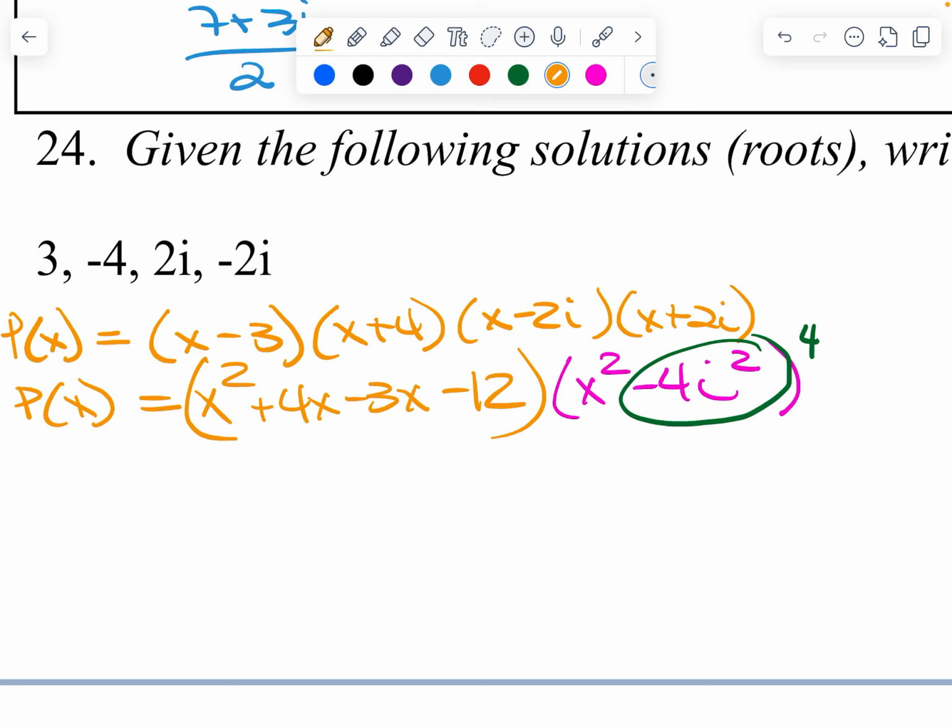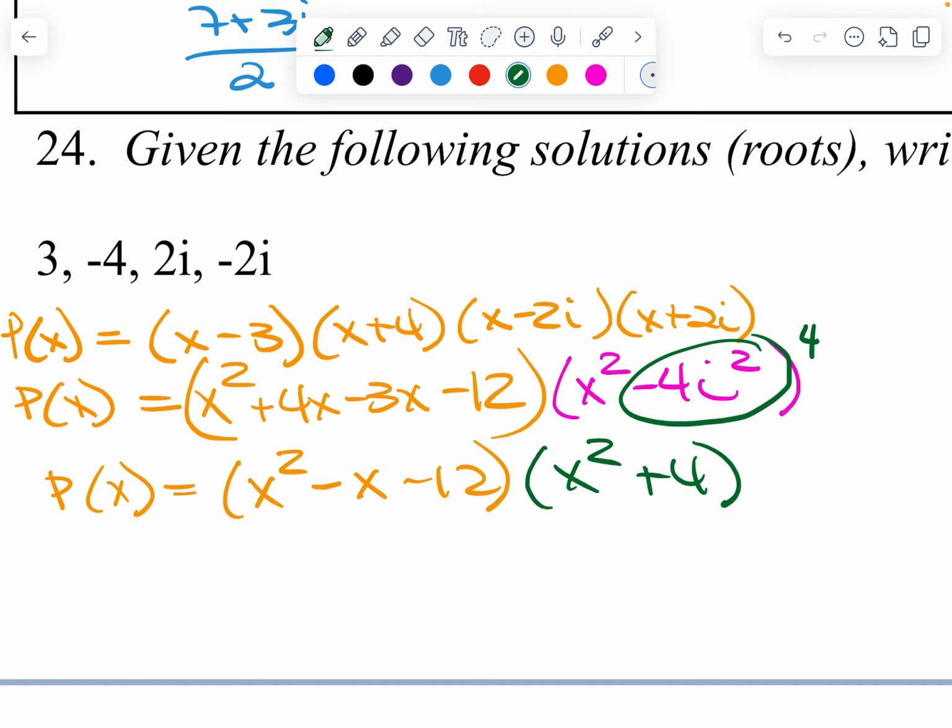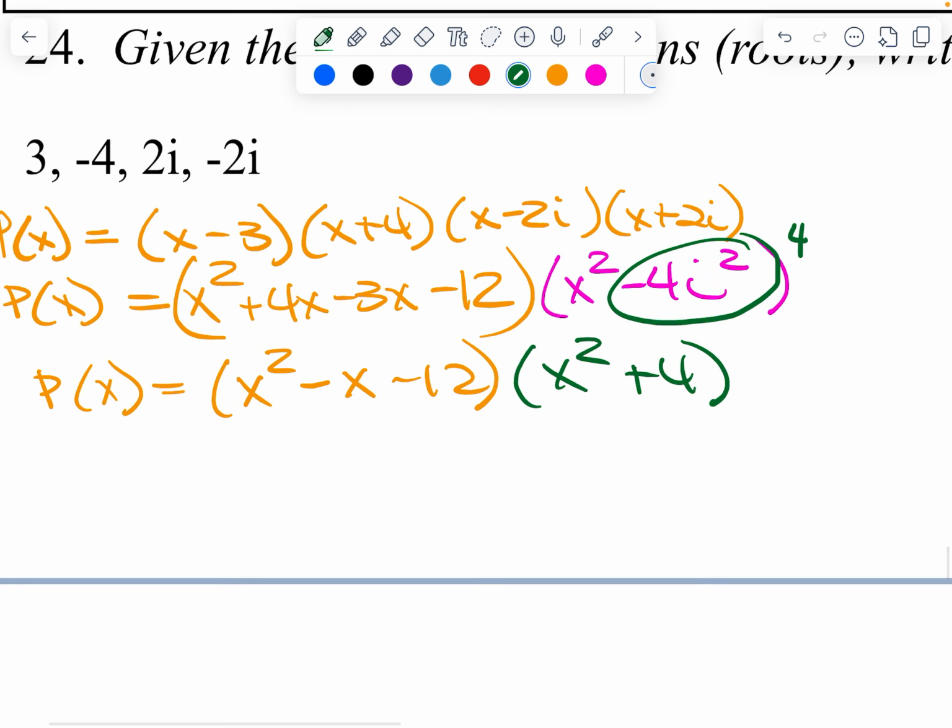Sorry about that. P of x equals x squared minus x minus 12 times the quantity x squared plus 4. So then I multiply those together.